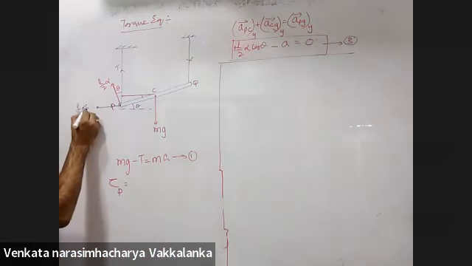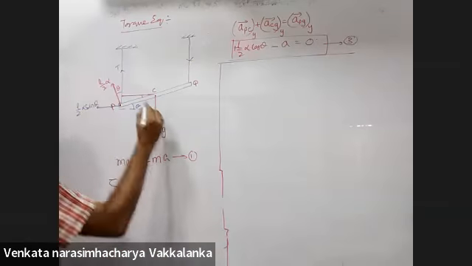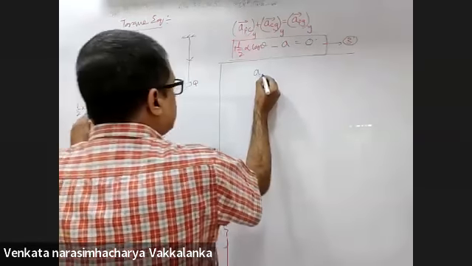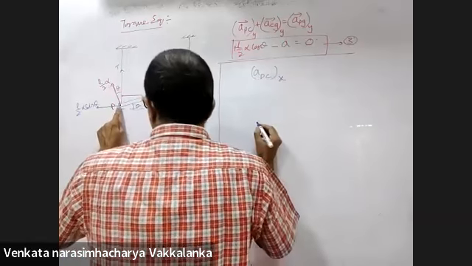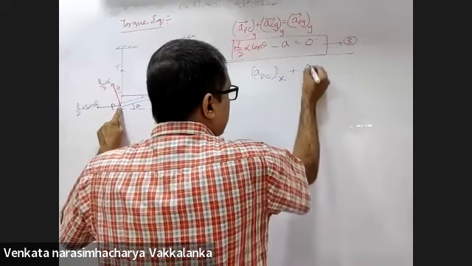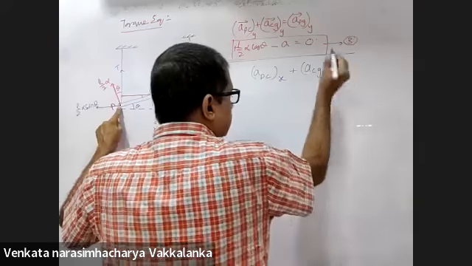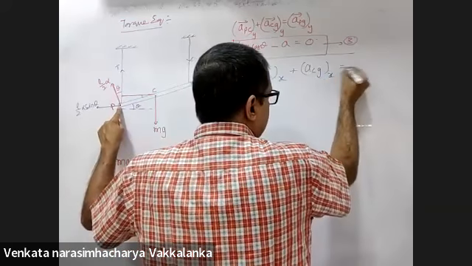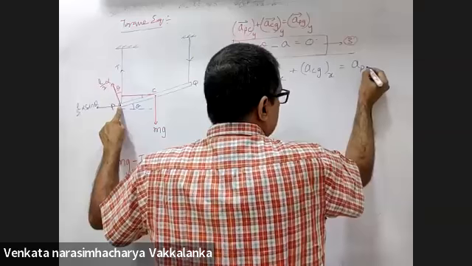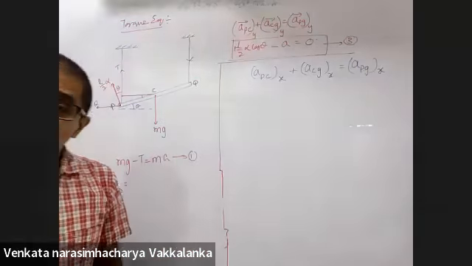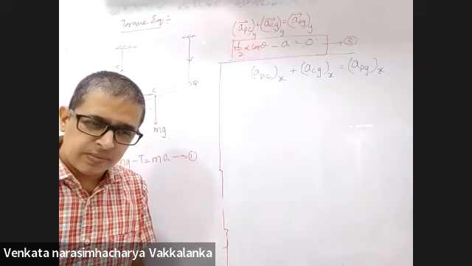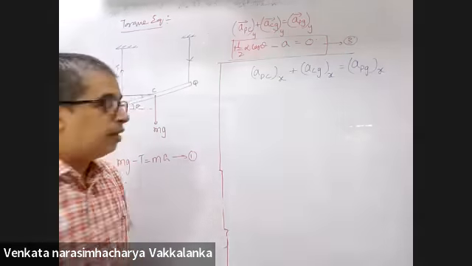L by 2 alpha sine theta. Acceleration of point P with respect to the center of mass along x-axis, plus acceleration of the center of mass with respect to the ground along x-axis, is the acceleration of point P with respect to the ground along x-axis. Do you agree with this? Yes, sir.